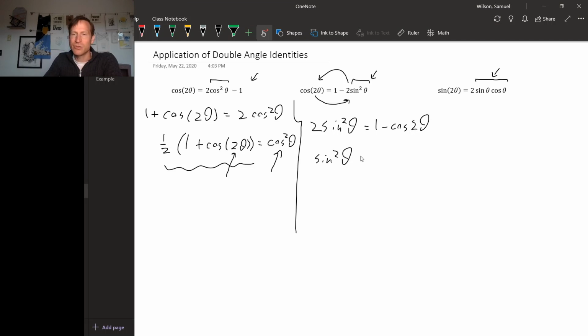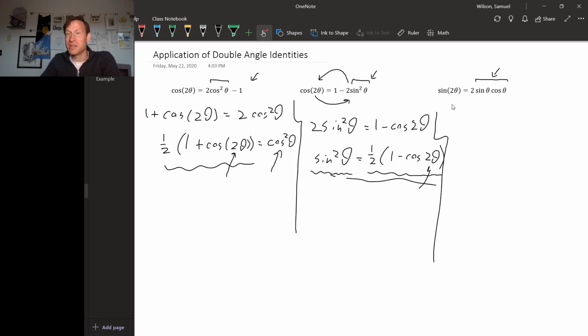You get sine squared theta equals 1/2 (1 minus cosine 2 theta). So this gives you the same sort of information that our last one did, except about sine instead of cosine. It turns out that if you square sine, you get another sinusoidal function, but it's shifted and stretched and has a different period.